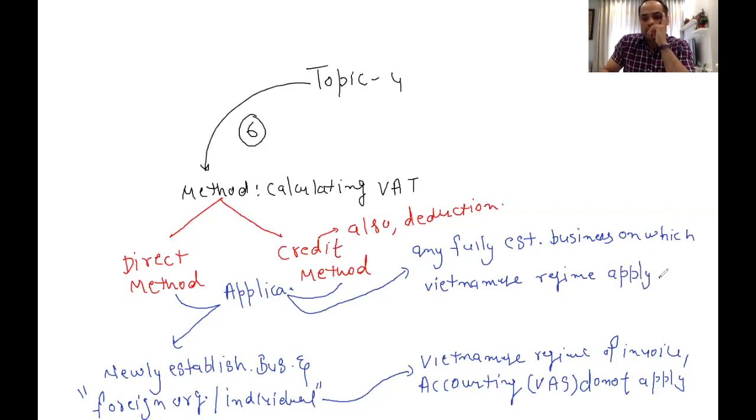Of course, mainly the Vietnamese companies. And of course, these kinds of businesses, fully established businesses, are registered. So for that kind of business, the credit method will apply.